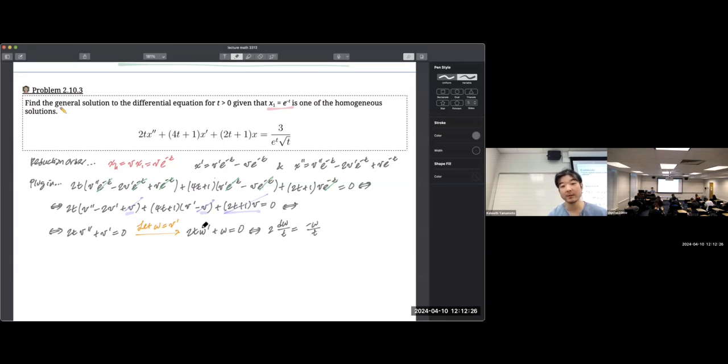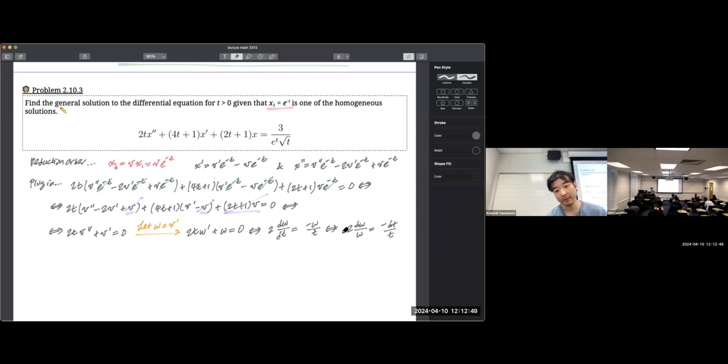I just rewrote this as dt, by the way. I moved this over, so it became negative and divided by t. And then there's just one more step to separate this. So I'm just going to do 2 dw divided by w is equal to negative dt over t.